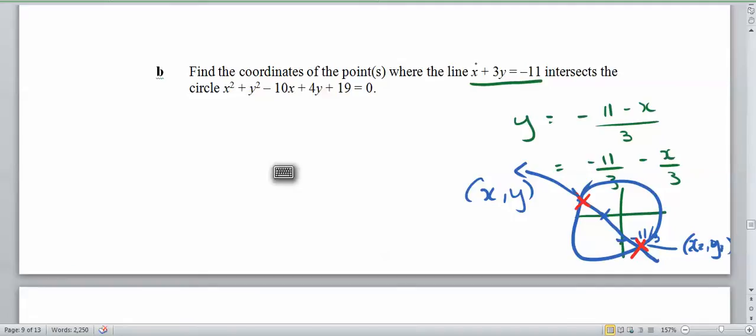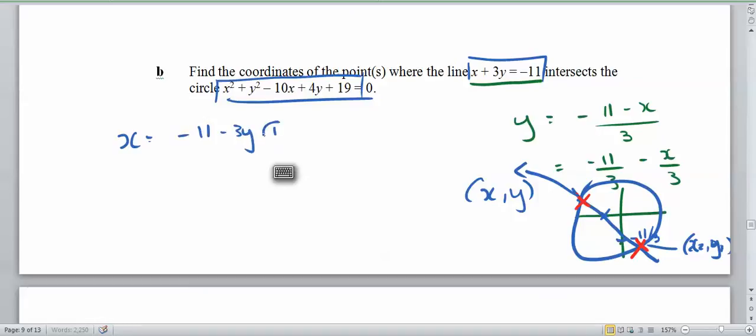So that means that the x for this equation up here is equal to the x over here. So it would make sense to then go, well, x is equal to minus 11 minus 3y. We'll call that 1. And then go ahead and put that into 2.